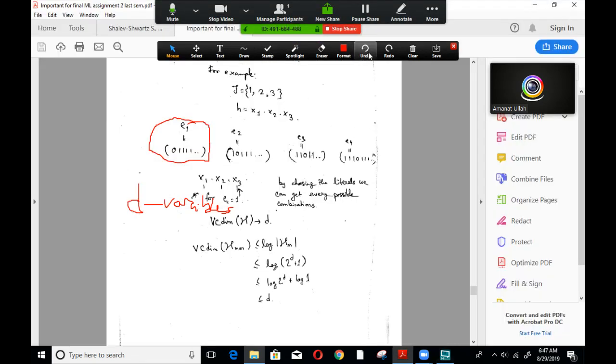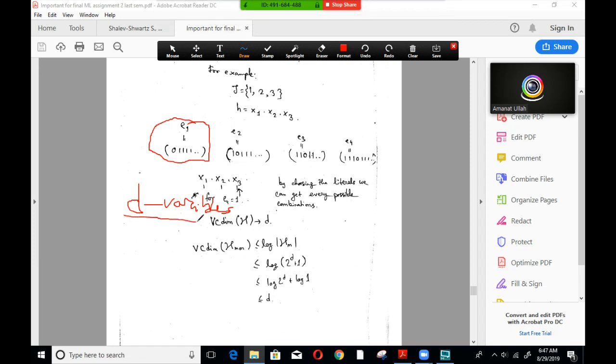You have d variables, and with those d variables, say d is 3, so these are the 3 variables you have, and you can assign the values ignore or true for these 3 variables.